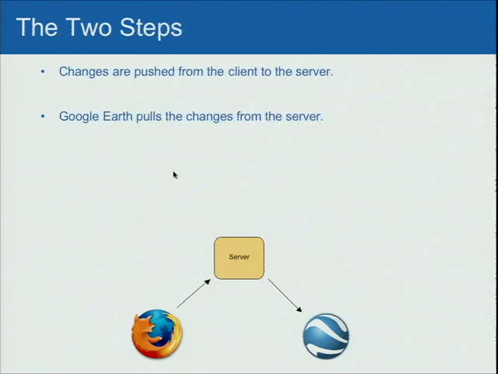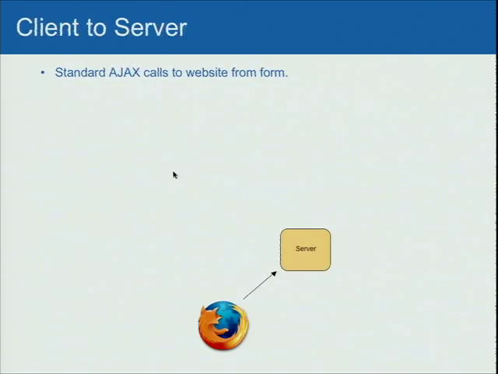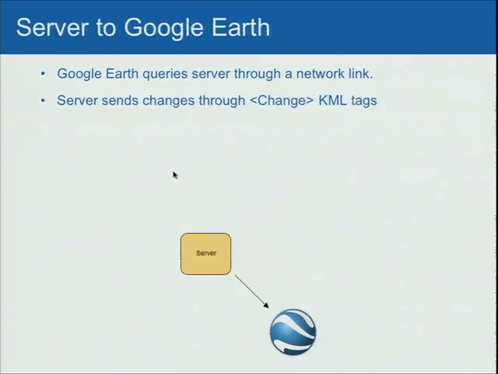By the server, we mean the GigaPan website server. So how does that work? Well, pretty simple. Standard AJAX calls from that form you saw to the web server. That's stored on the server, and then the changes are pushed to Google Earth through that network link.